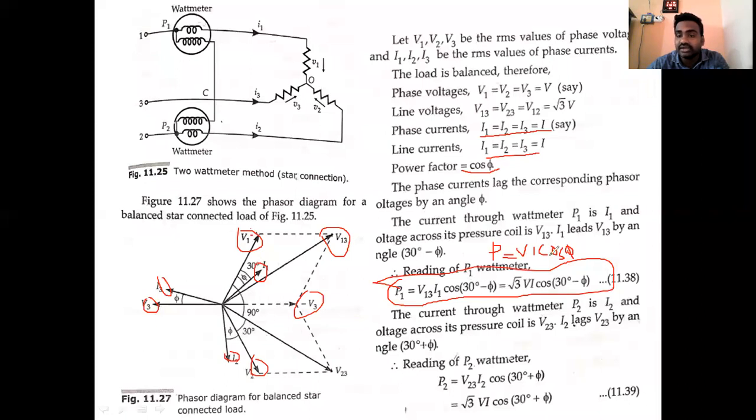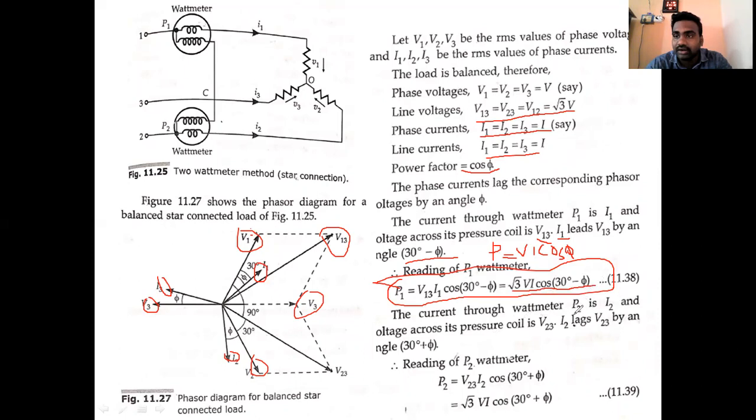I substitute these into the generalized expression P is equal to VI cos phi: the value of voltage, the value of current, and the value of phase angle. I conclude the expression, that V13 is equal to V23, equal to root 3 times V, so P1 is equal to root 3 VI cos of 30 minus phi. That is for wattmeter 1, P1.